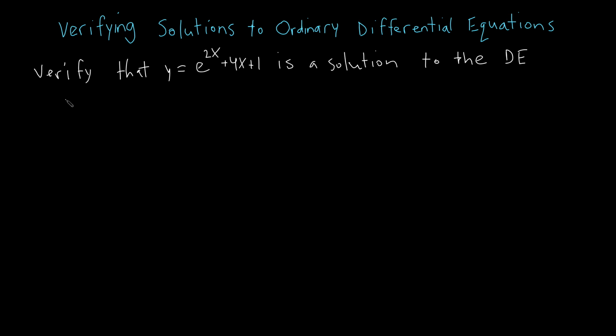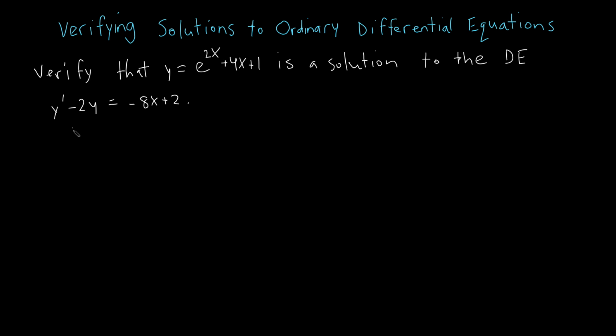And then the differential equation is y prime minus 2y equals negative 8x plus 2. So in questions like this, it's kind of assumed that this is a solution, but we need to verify it by doing the same process.